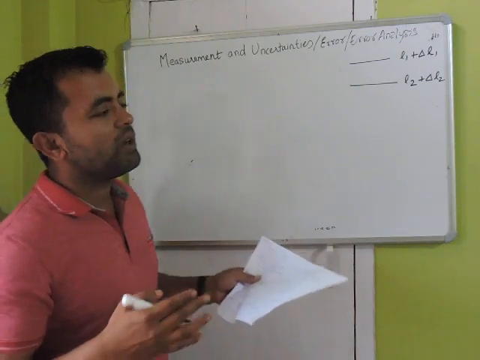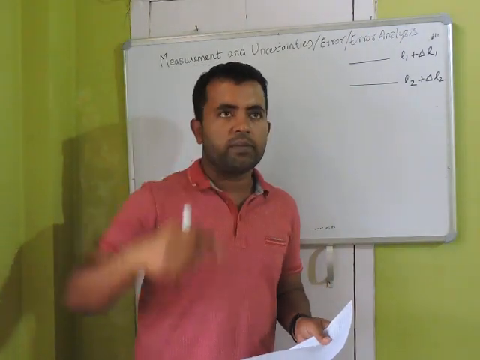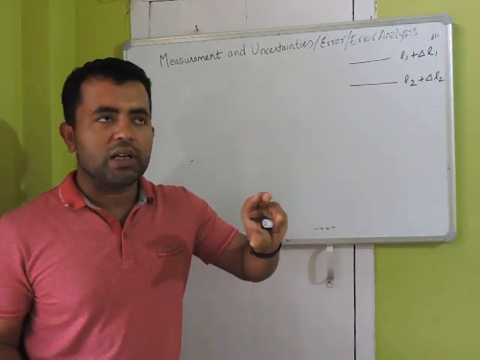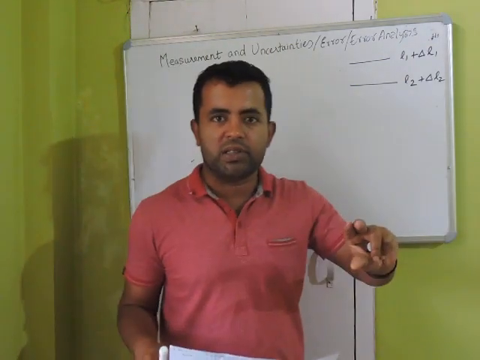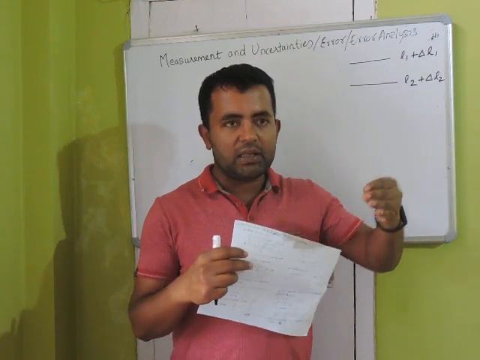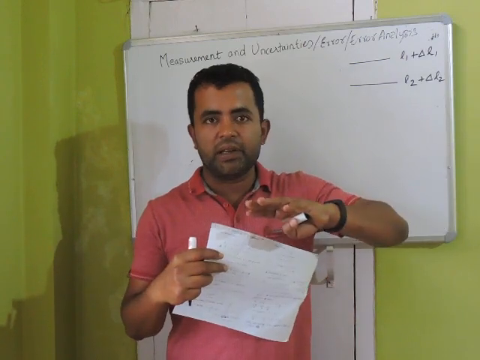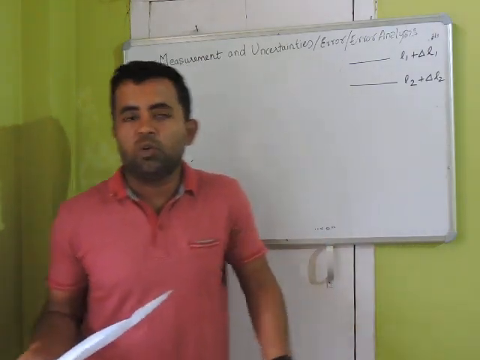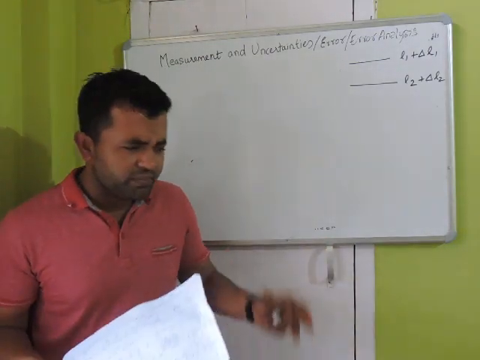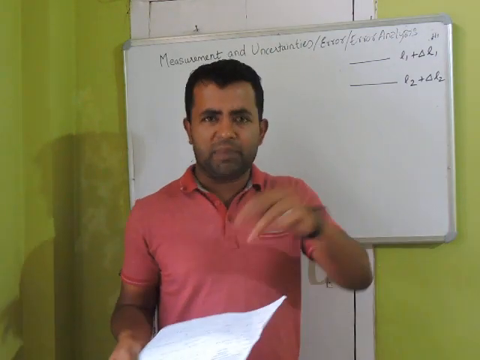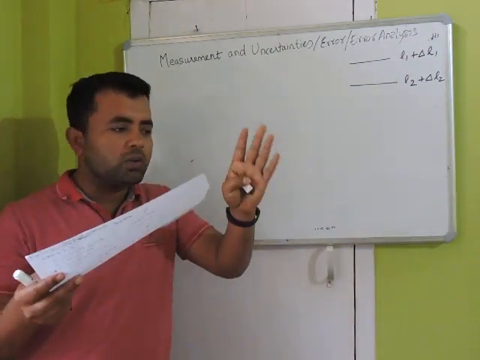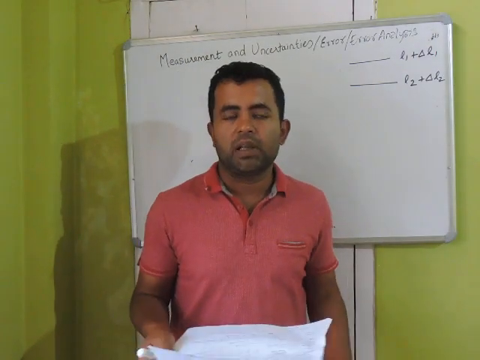Then suppose we have two temperatures, higher and lower, and I want to find the error in the difference in temperature. There is an error in the first reading of temperature and in the second reading. If I subtract, how does error play a role there? And suppose there is an error in length and breadth. If I find area, how do these two errors add up?